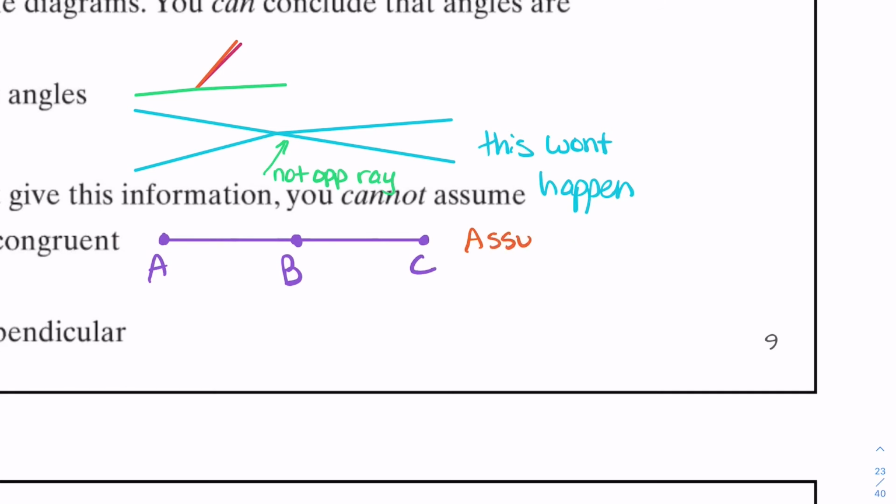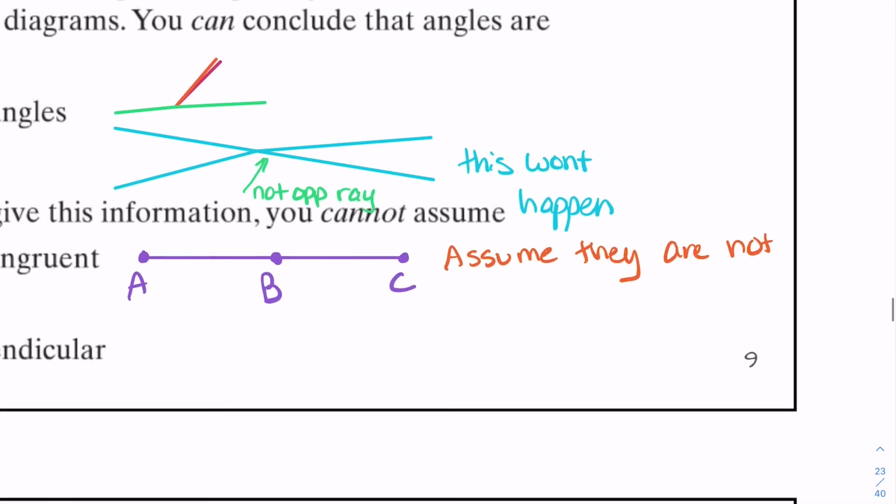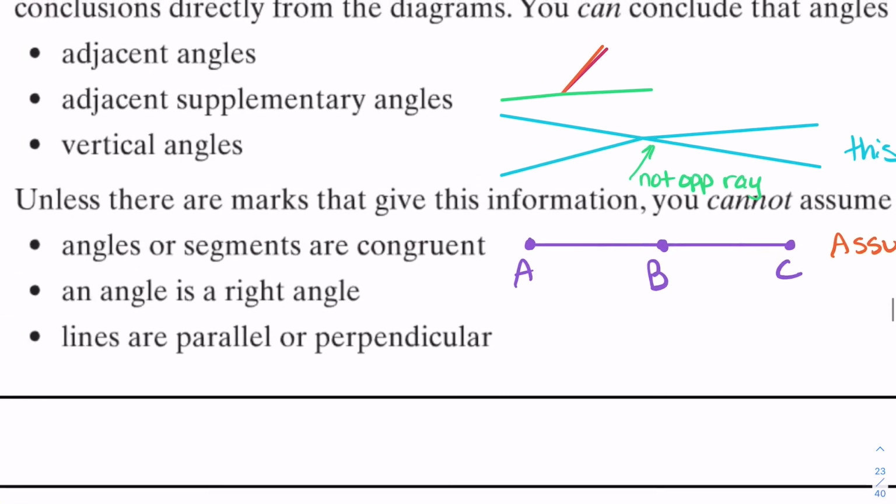Assume they are not congruent, because if they were, they'd be marked. The second thing is that an angle is a right angle. Again, we cannot assume that a right angle exists.